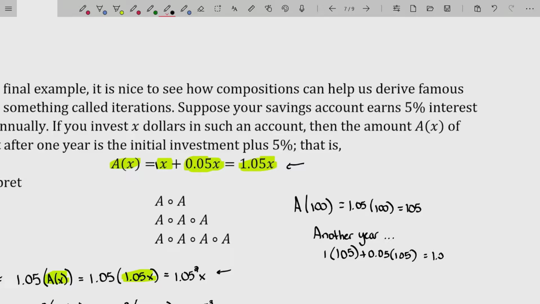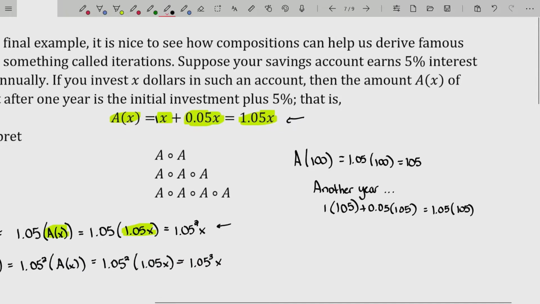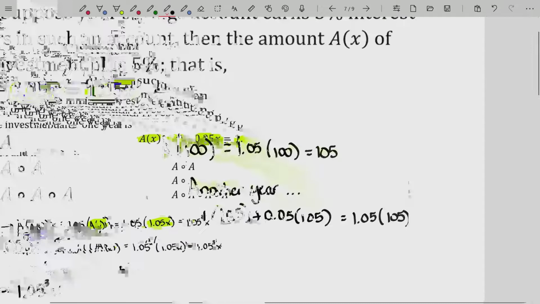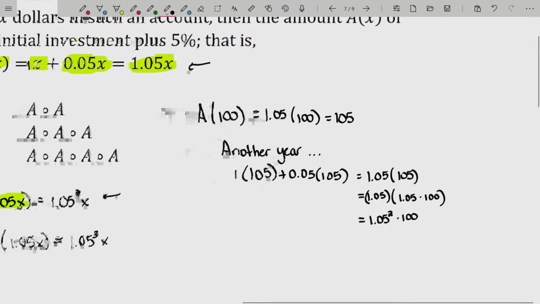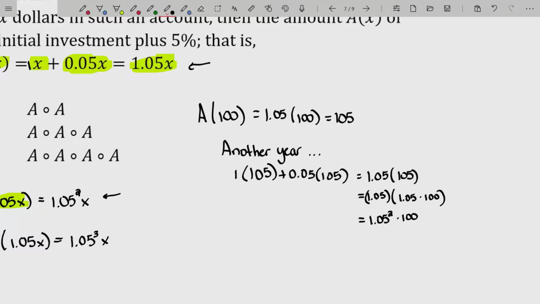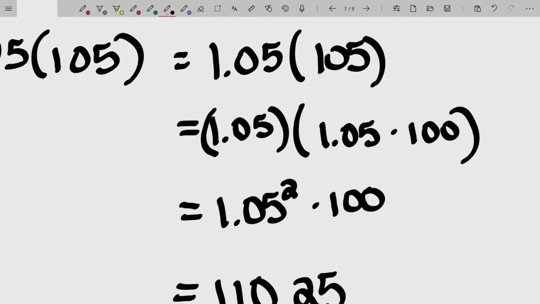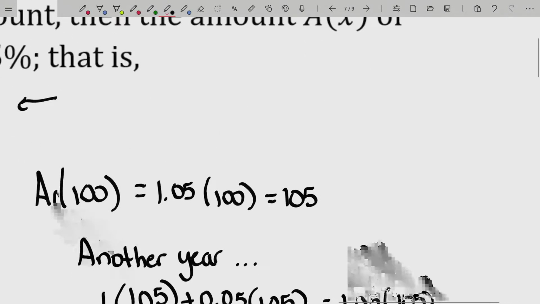Or in other words, you have 1.05 times that $105. But remember, that $105 that you originally had was the product of 1.05 and 100. And so really the amount you should have after that second year is this, which, by the way, if you didn't know, is $110.25.